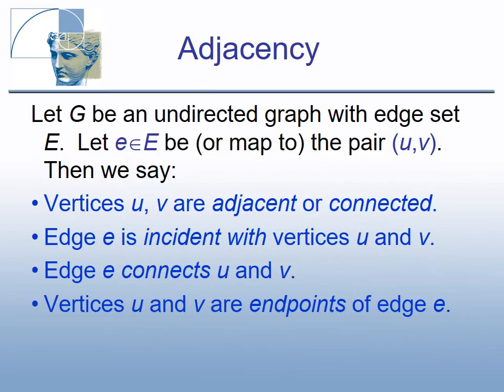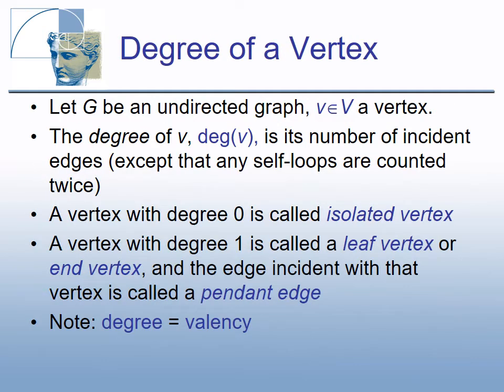Let us learn some relationships between graph elements. Adjacent vertices means connected vertices. If an edge e connects vertices u and v, then we say e is incident with vertices u and v. Vertices u and v are endpoints of e. The number of incident edges of some vertex is called the degree of a vertex.